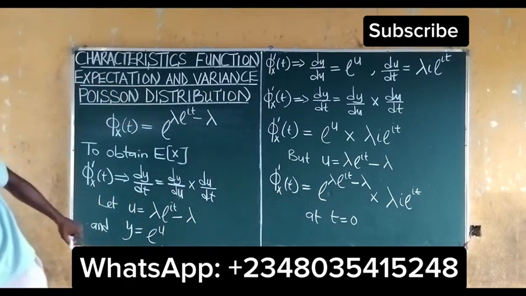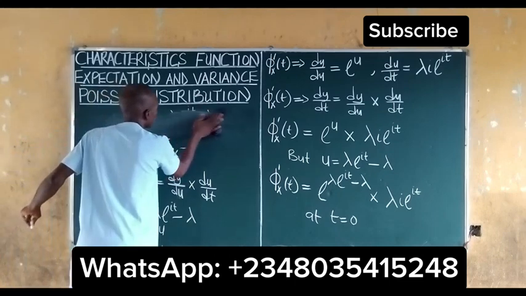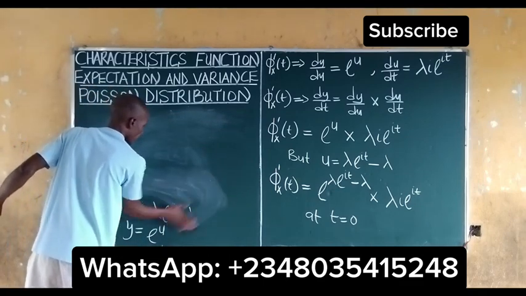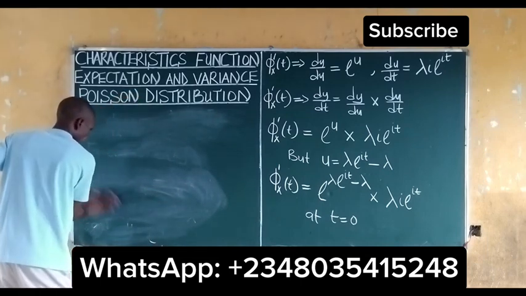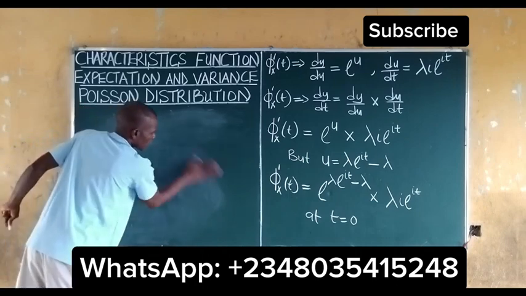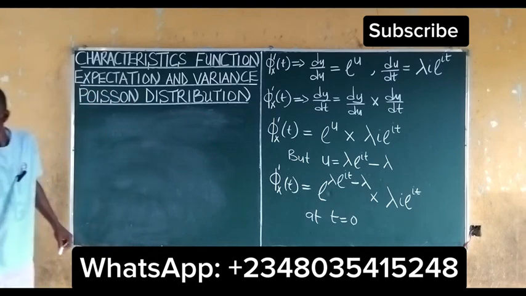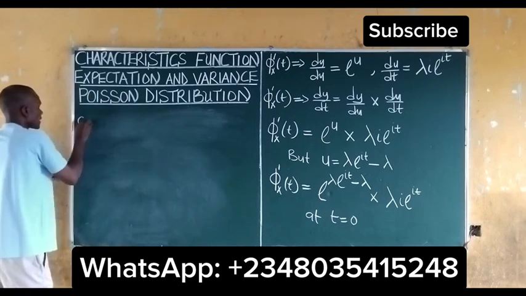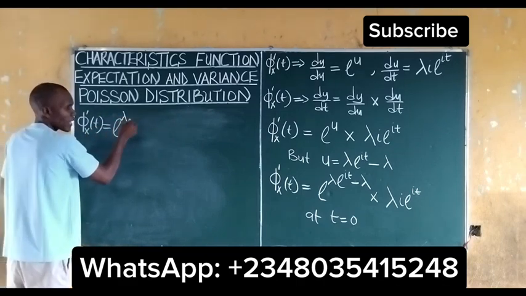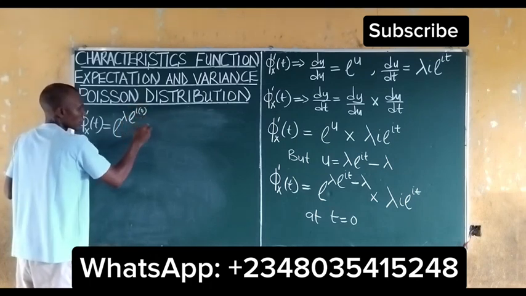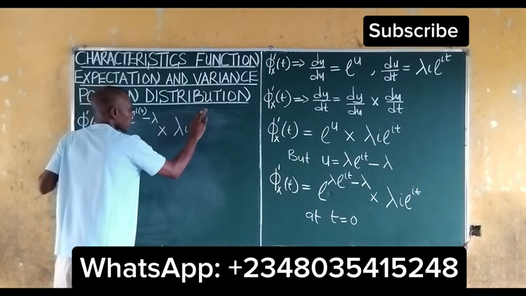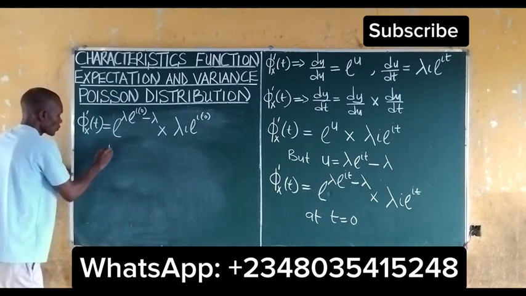So the derivative will be equal to exp(lambda e^(i0) minus lambda) multiplied by lambda i e^(i0).